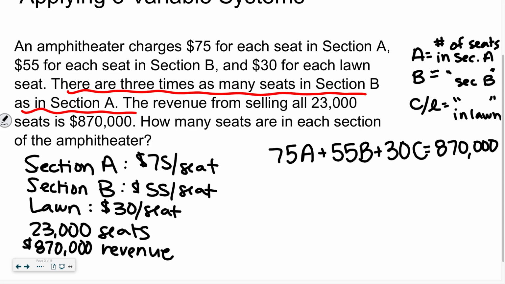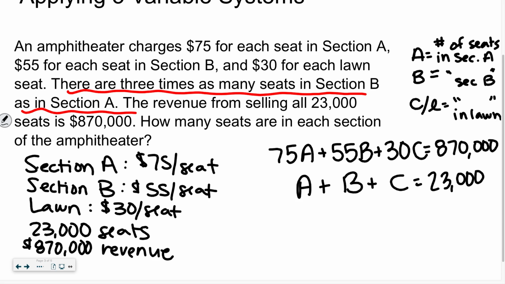Okay, let's see. Addison, can you give me another equation that your group wrote? A plus B plus C equals 23,000. Okay, A plus B plus C equals 23,000. And there you're just talking about the number of seats, right? This is the one that I usually see messed up most often because people feel like they have to have these coefficients in there.